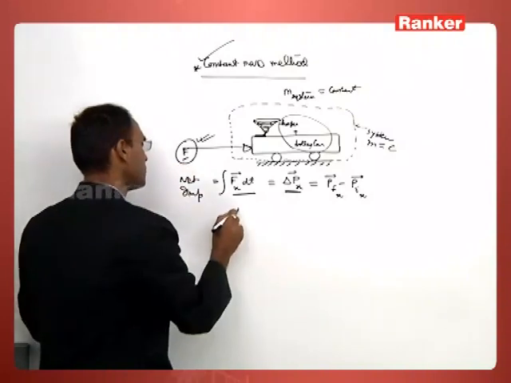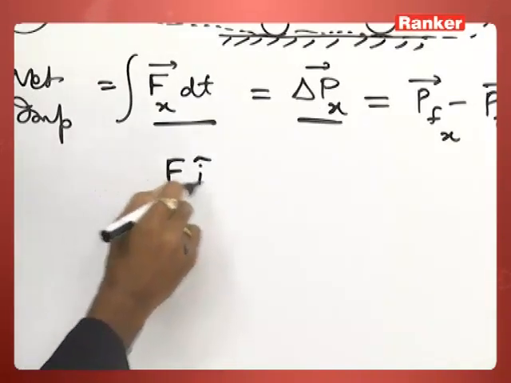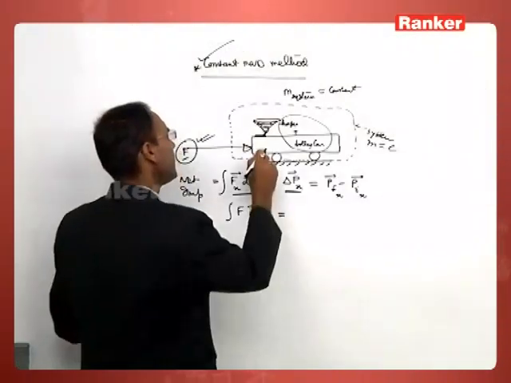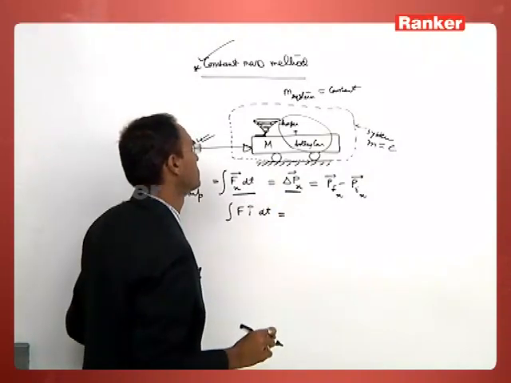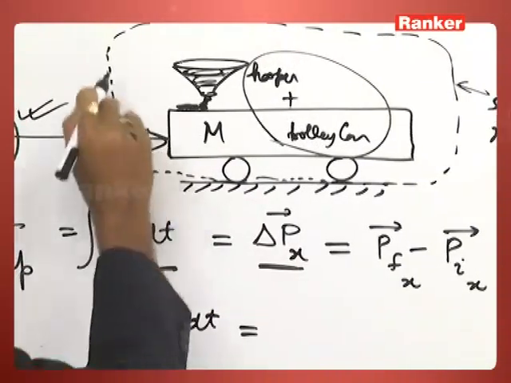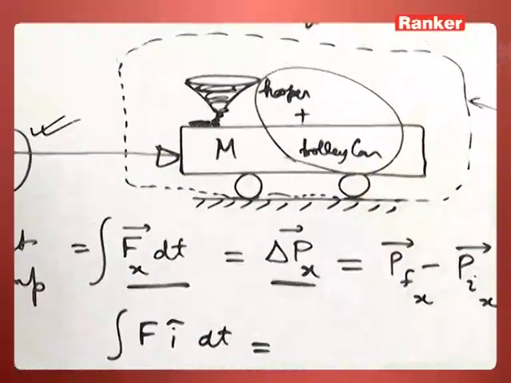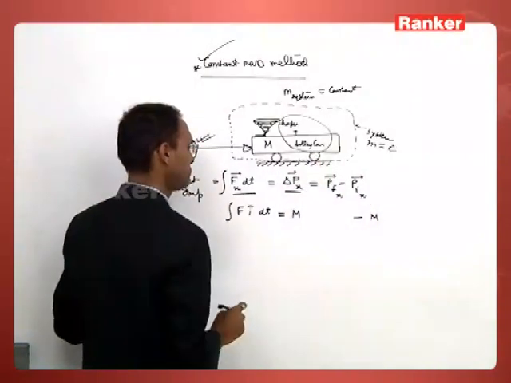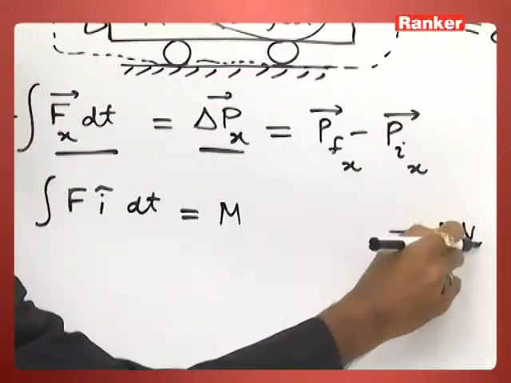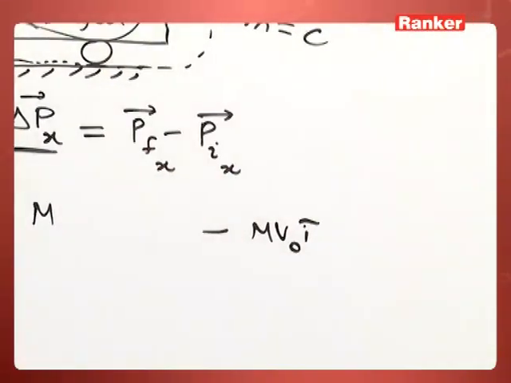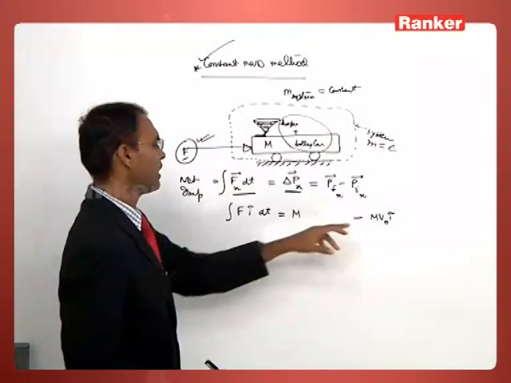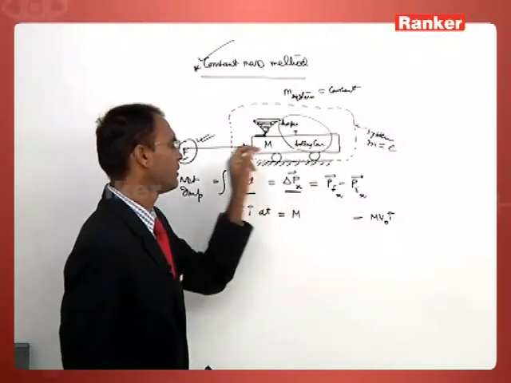The net force is F i cap, its time integral is equal to, initially the momentum of the system along x direction is equal to mass of the trolley car into the initial velocity of the trolley car, that is pointing along positive x direction, because it moved with velocity v naught towards the right initially.